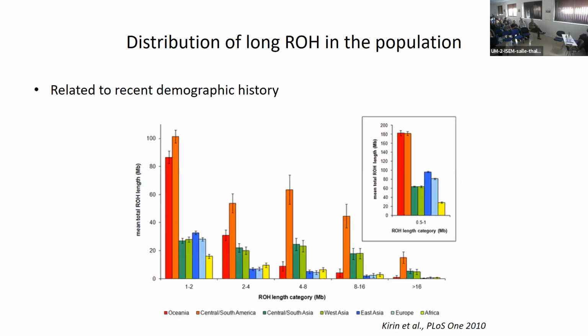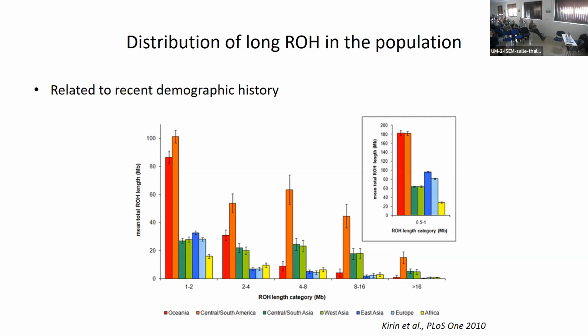What has been very popular for a few years already is to represent a classification of the runs of homozygosity in different length classes. This is an example in humans, where you have populations from the different continents, and the most interesting populations here are probably in red. Oceania is the population which has the most short segments, from 0.5 to 1 megabase, and then it goes below the orange, and it goes even below the green ones.